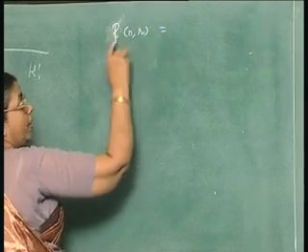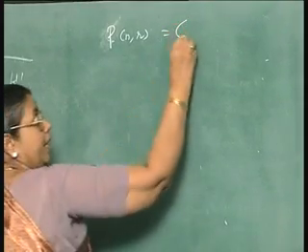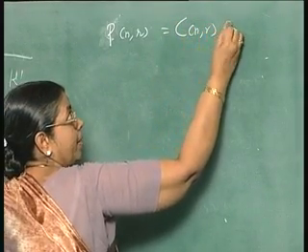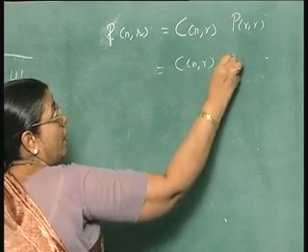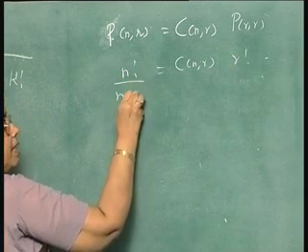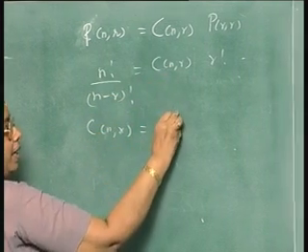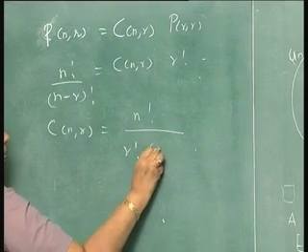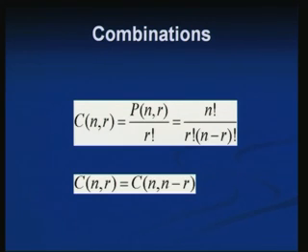When you want to get nPr, first you select r objects out of n objects, that is nCr, then arrange them, that is rPr, which is r factorial. So nPr is given by nCr into r factorial. And nPr we know is n factorial by (n minus r) factorial. From this we derive nCr equals n factorial by r factorial into (n minus r) factorial.